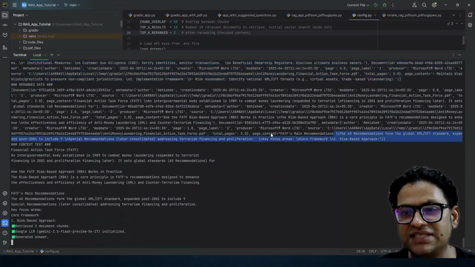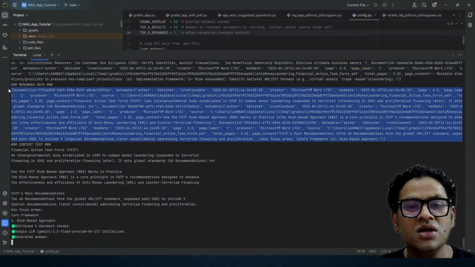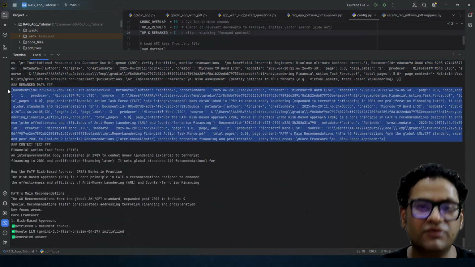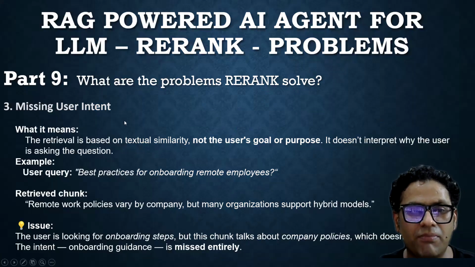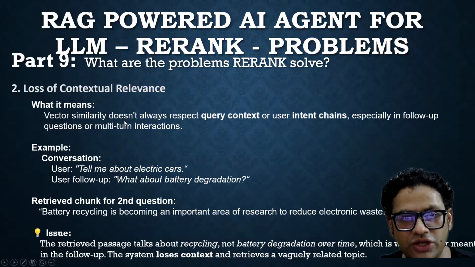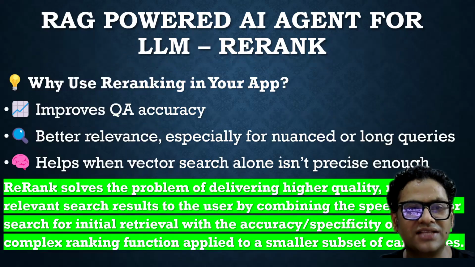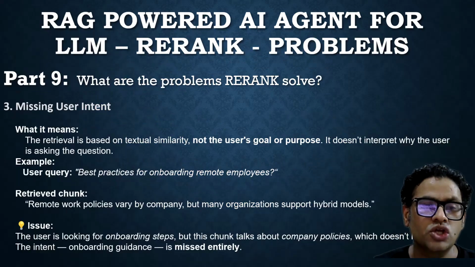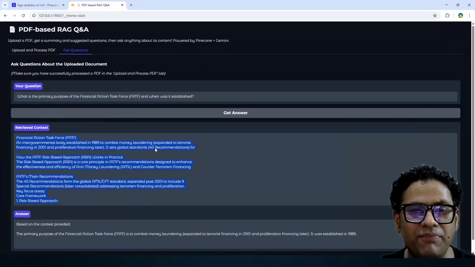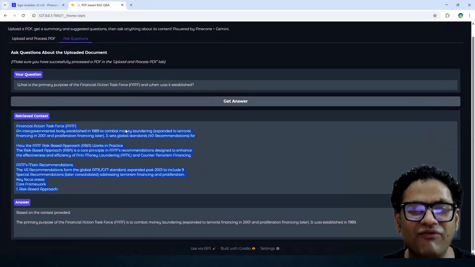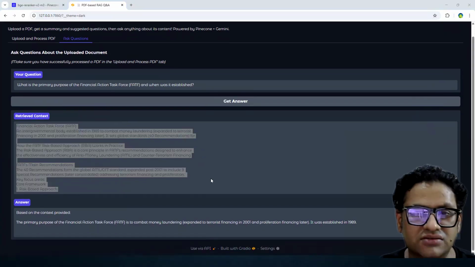And now we are getting precisely the context which covers not only the semantic matching, but also the contextual information as well as the user intent, right? So by implementing this feature, we can have a more accurate answer.